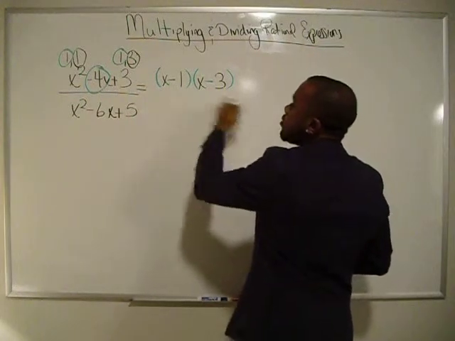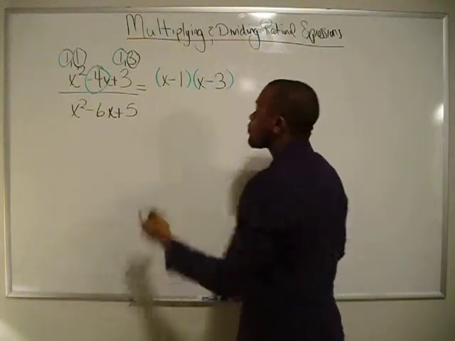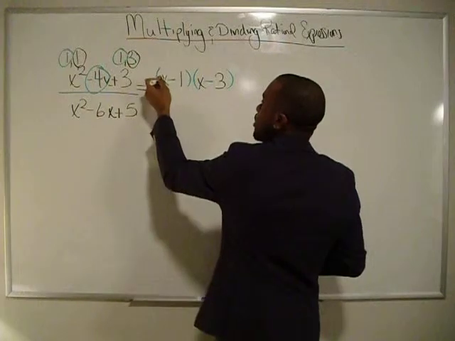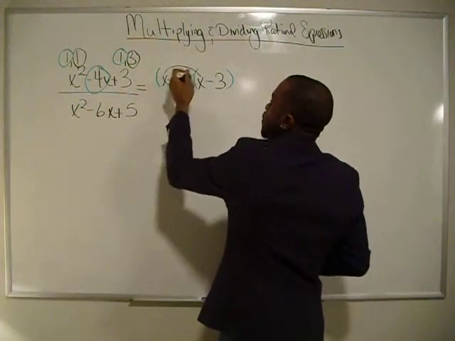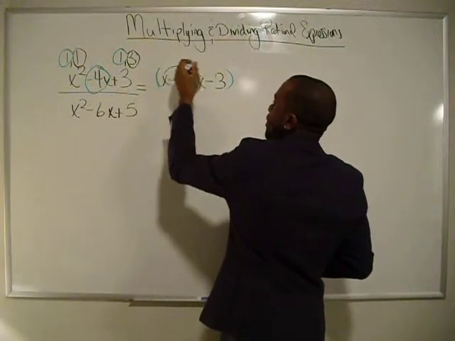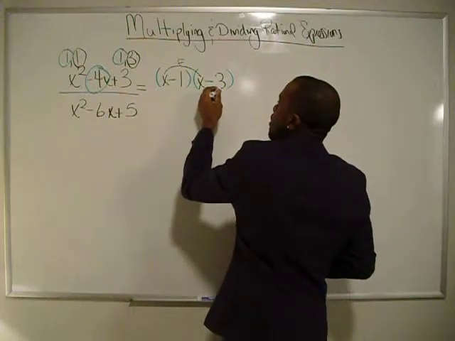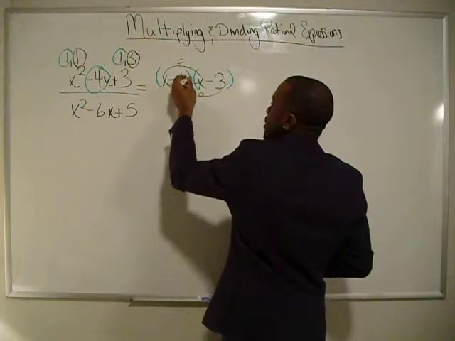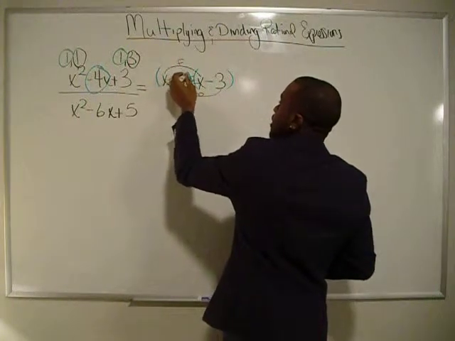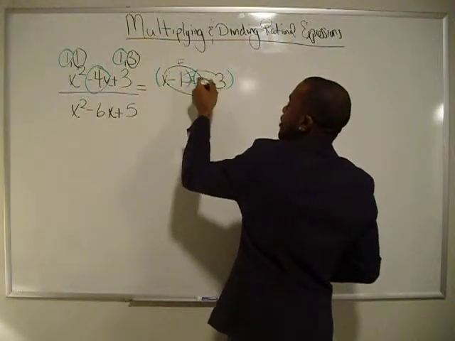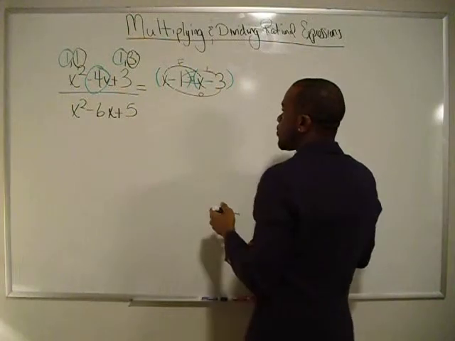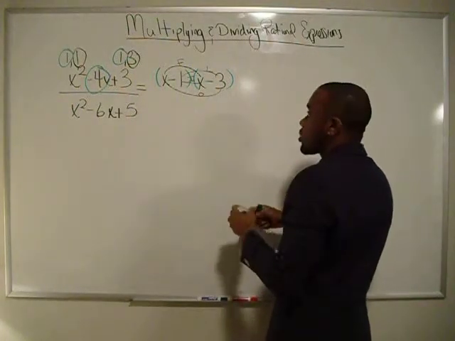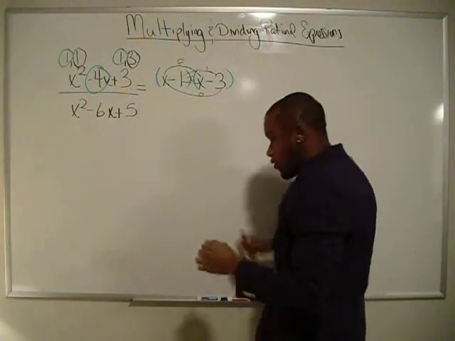If we multiply and use the FOIL method, we would have x squared, which is our first, minus 3x, which is our outside, minus x, which is our inside, and then negative 1 times negative 3 is positive 3, which is our last term, okay? So, that is the FOIL portion of the FOIL method.